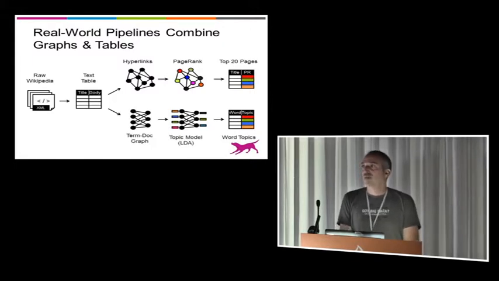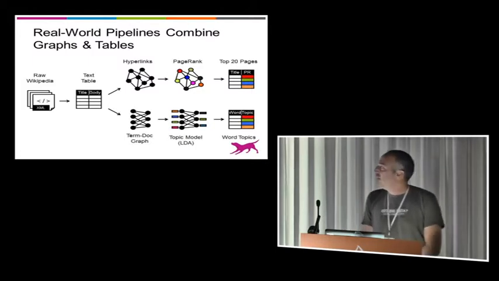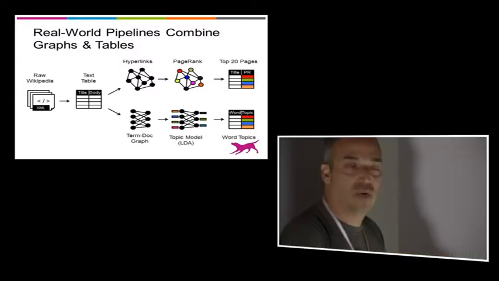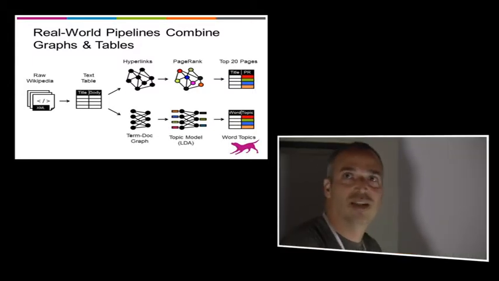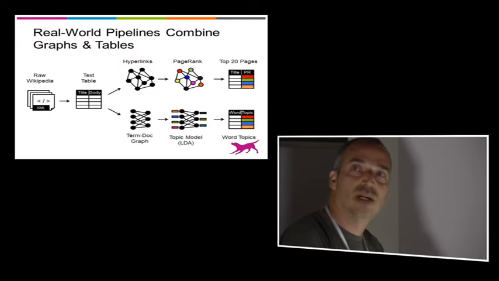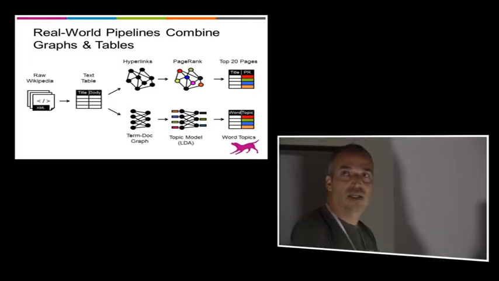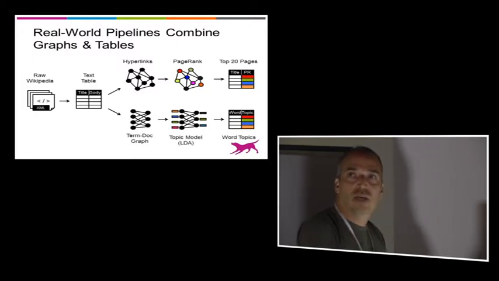The kind of problem we often encounter is that we start with some raw data, which is the raw Wikipedia, and then we throw out some of the images or whatever data we don't need, and we go to some kind of table which has the title of the article and some information within it. Then there are a few ways we can construct links between them.